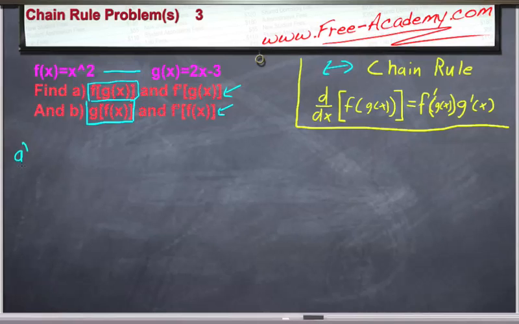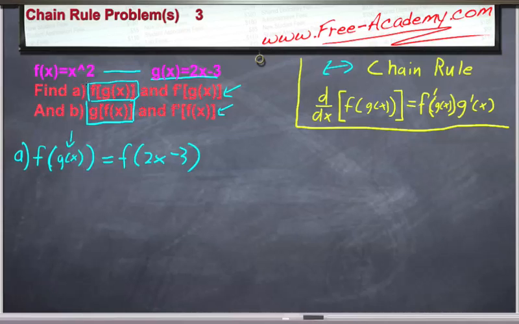So we'll start off with f of g of x. g of x equals 2x minus 3, so this equals f of 2x minus 3. All I did was substitute the value for g of x into the formula.